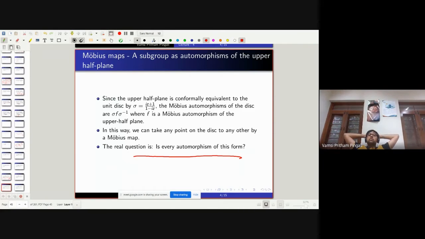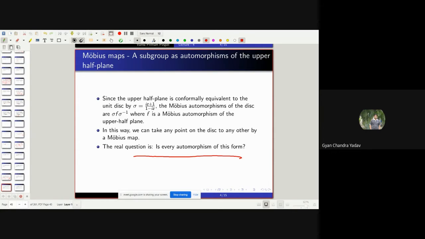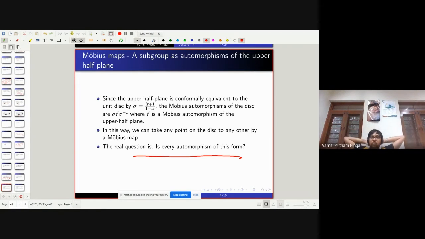It means any bijective and analytic map from the unit disk to the unit disk is a composition of Mobius maps, only Mobius maps. Exactly. Okay.